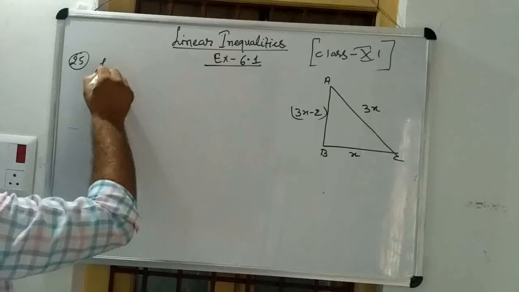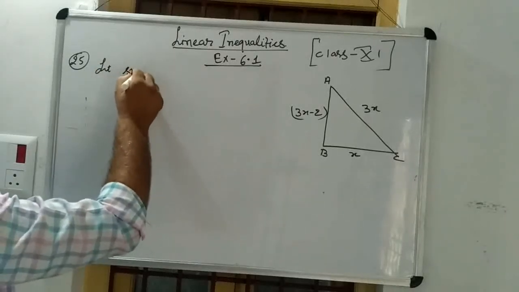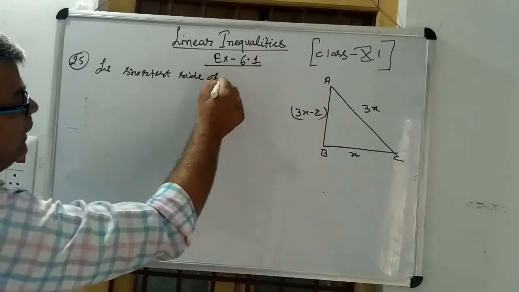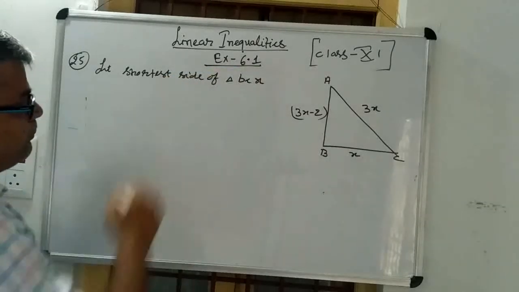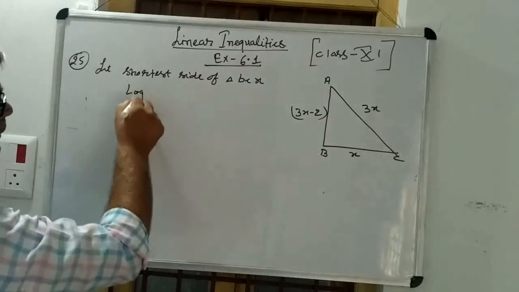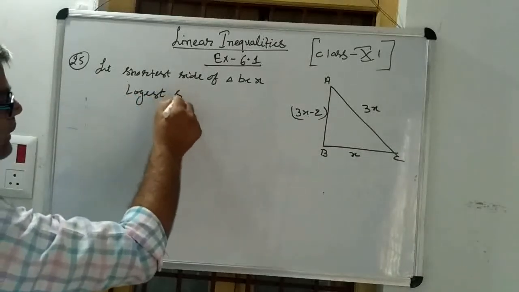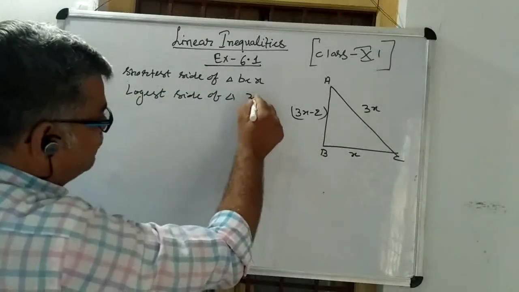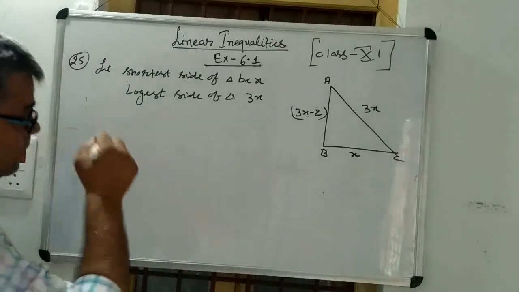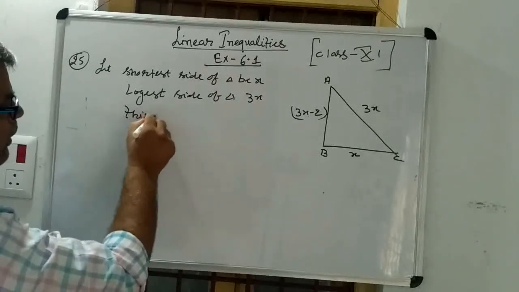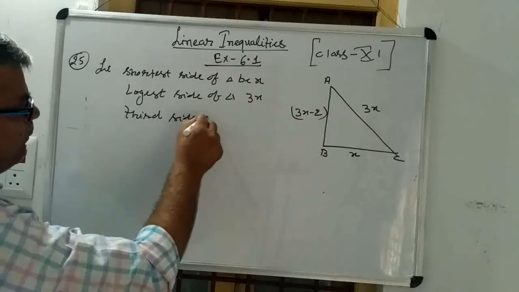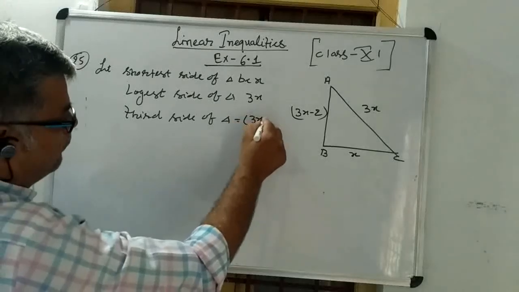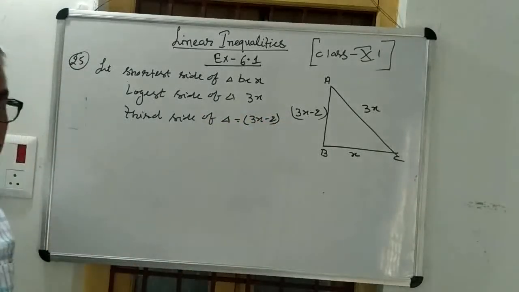Let the shortest side of the triangle be x, then the longest side of the triangle will become 3x, and the third side of the triangle will become 3x minus 2. These all are true according to the question.